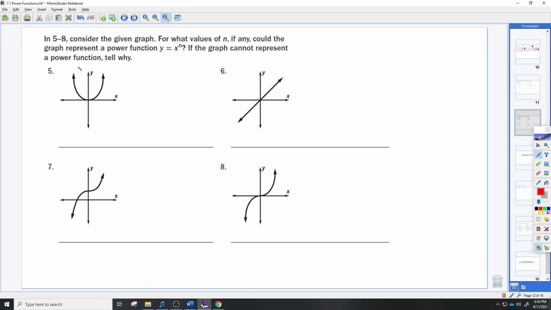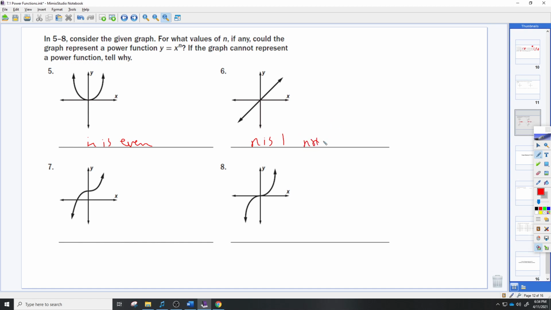For what values of n, if any, could the graph represent a power function of y equals x to the n? If it could not represent a power function, tell why. So this would be what values of n? This would be n is even. This would only be n is 1. So this is not a power function we've been talking about.